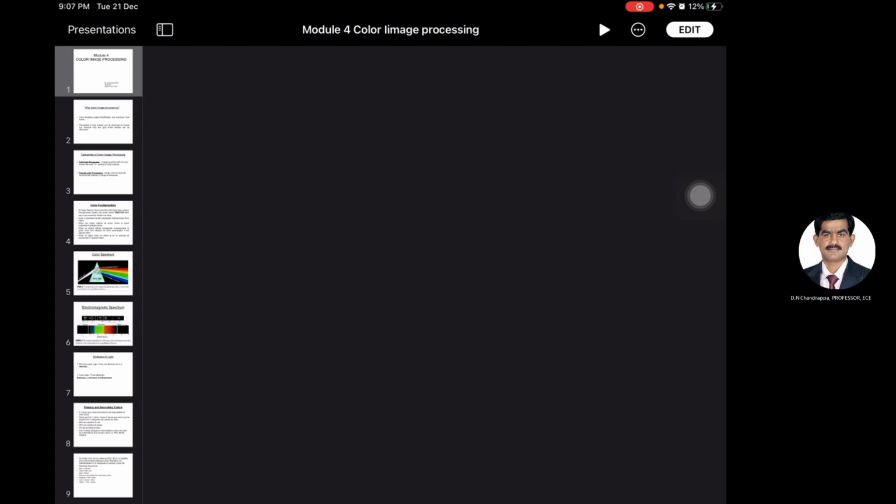In the case of chromaticity, hue and saturation are taken together.